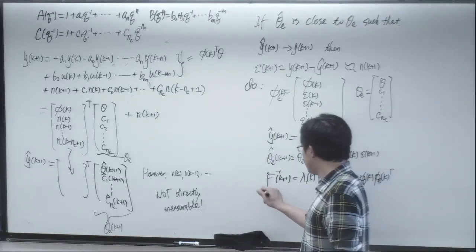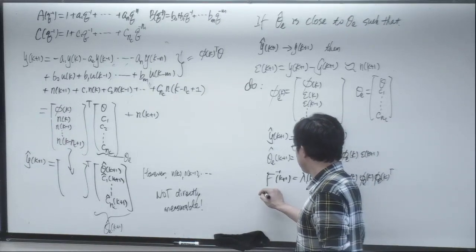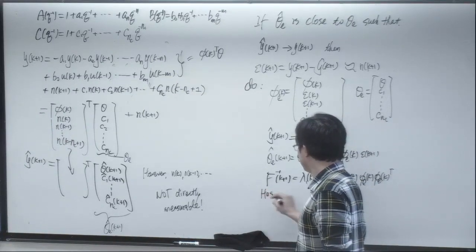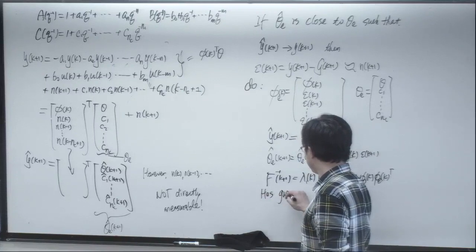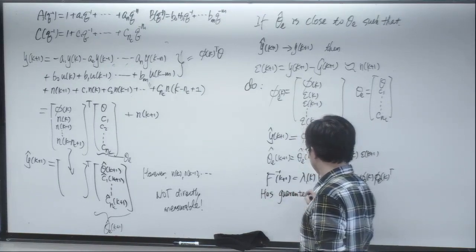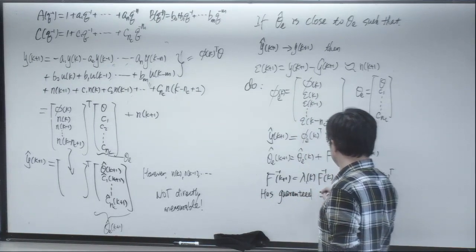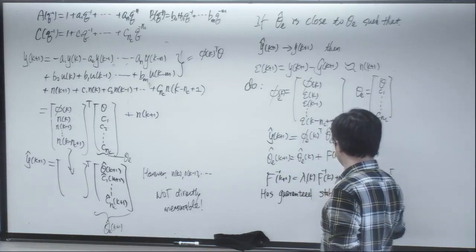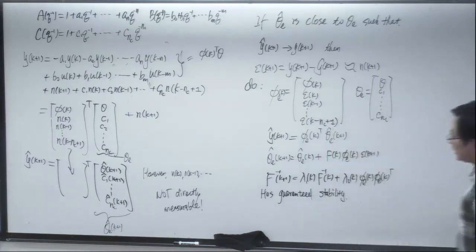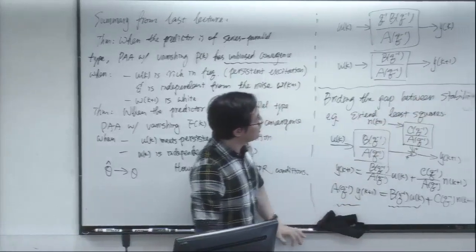Now, the important things are this has guaranteed stability. So the SPR condition is actually automatically satisfied for this type of structure. This is one way to try to have a balance between these two.